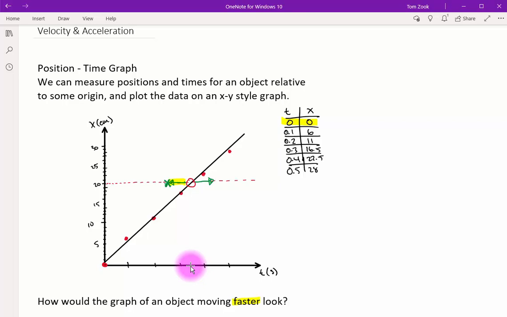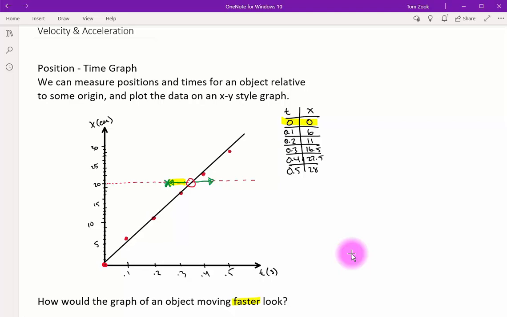Now, what if we took another approach? What if instead of holding the position constant and the time as a variable, we held time constant and looked at what the position should be? So for instance, how about I take a look at 0.2 seconds here. I apologize that this graph doesn't have the times on it: 0.1, 0.2, 0.3, 0.4, 0.5.